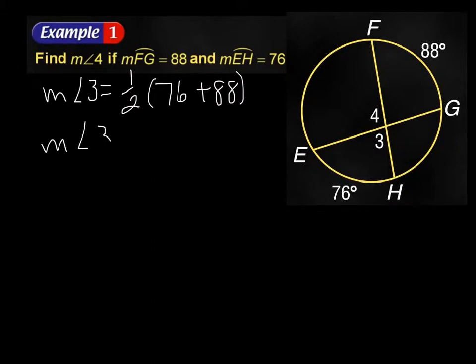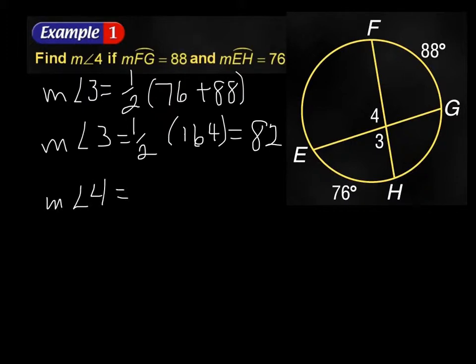What is 76 plus 88? 164, and half of 164 is 82. The angle we're really interested in, angle 4, is the supplement of that. So 180 minus 82 equals 98 degrees.